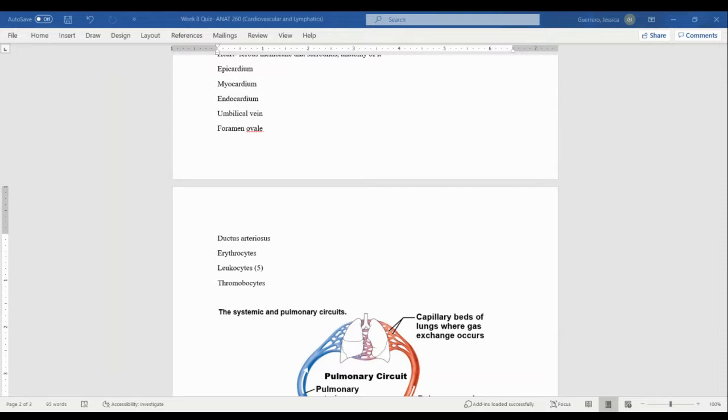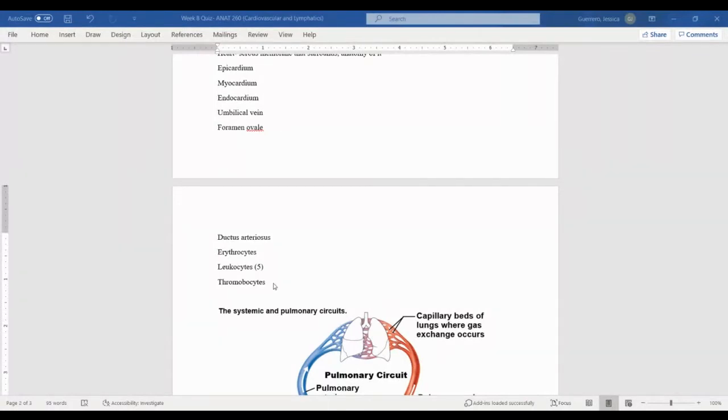Getting closer. Okay, I'm getting closer. Here it is. This diagram right here is specific to the leukocytes, and I find it to be very good when you're studying leukocytes.